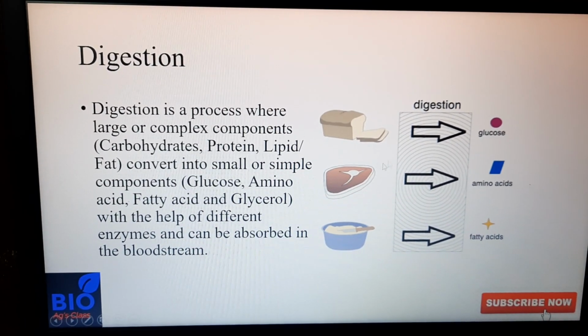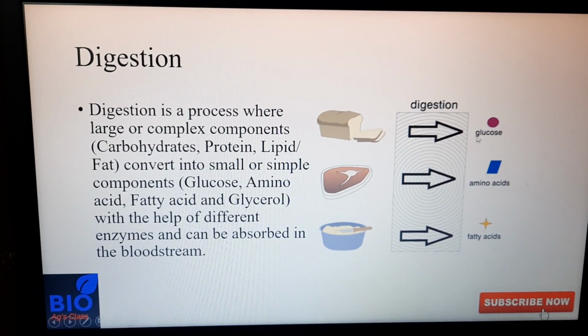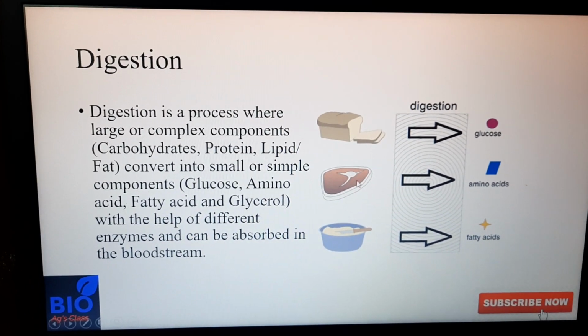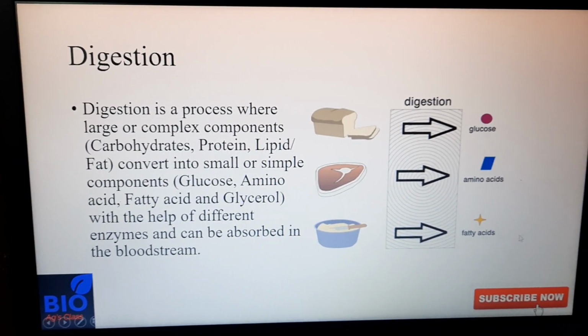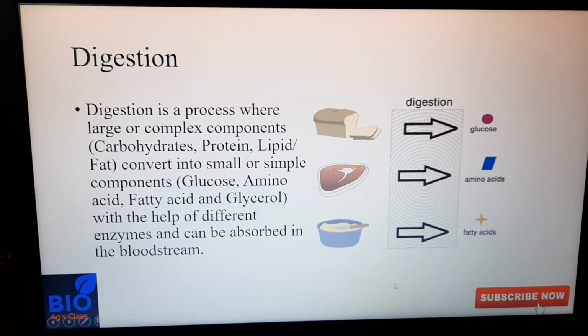As you can see here, carbohydrates are converted into glucose, protein is converted into amino acids, and lipid is converted into fatty acids and glycerol.